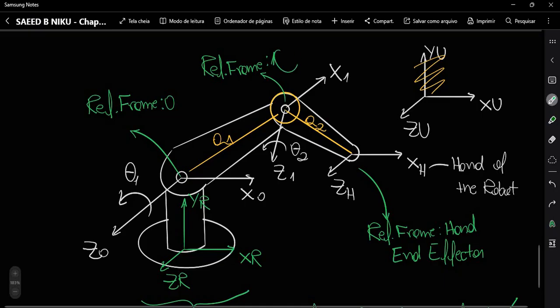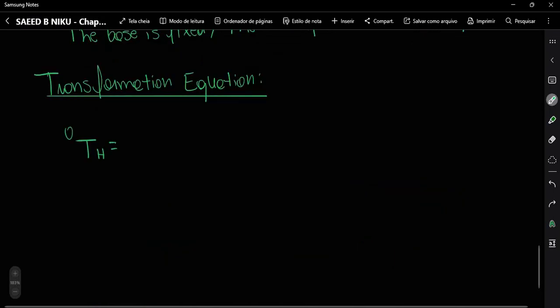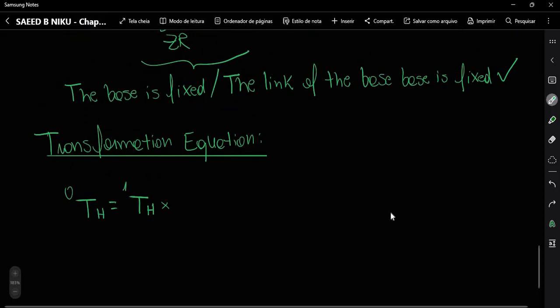So frame 1 is a reference frame to the frame H. And we multiply these transformations to get our total transformation.